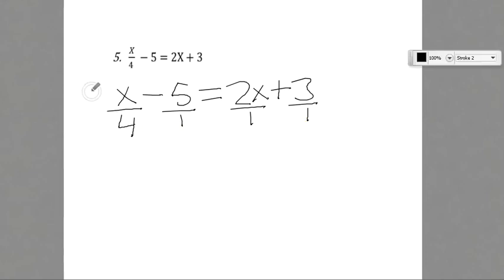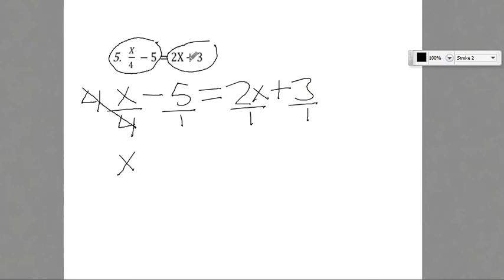So if I multiply x divided by 4, the divided by 4 and the times by 4 are going to cancel, and I'll be left with just an x. Now because I multiplied this term by 4, I've got to multiply all of these terms by 4, because in the beginning we were given an equation where the left side equals the right side.